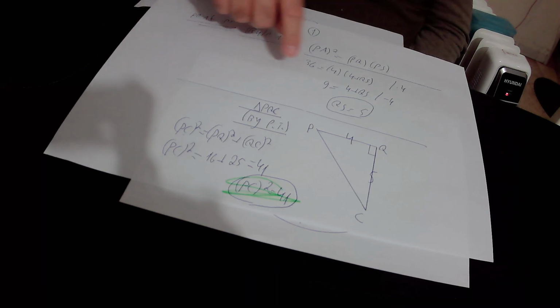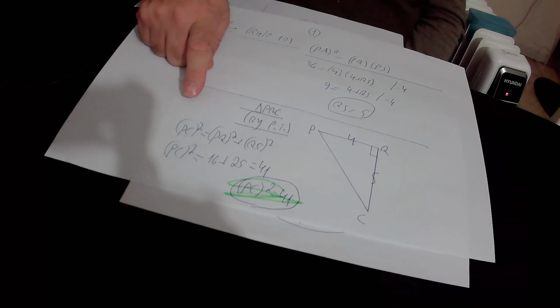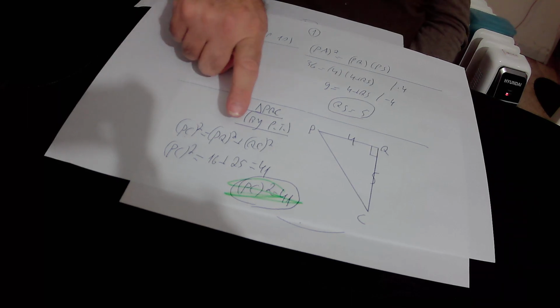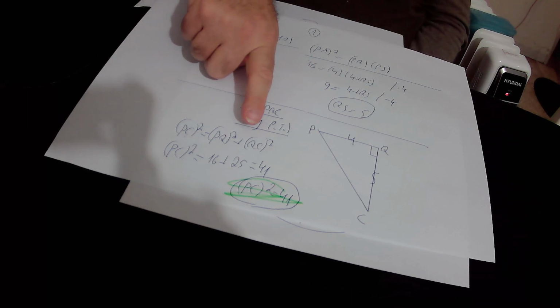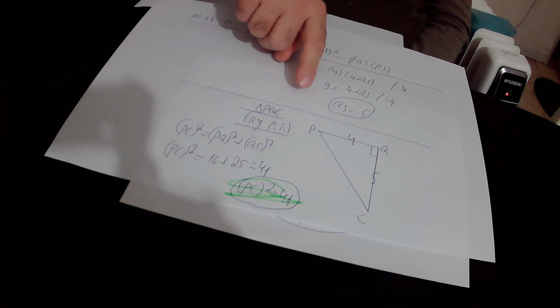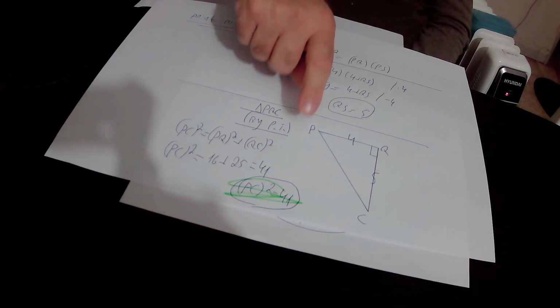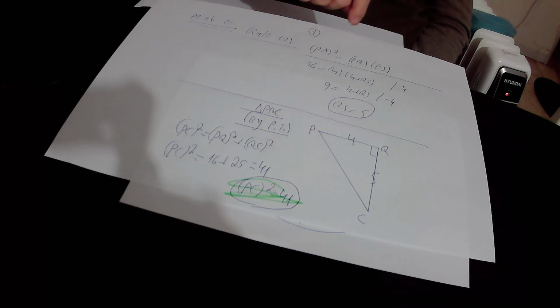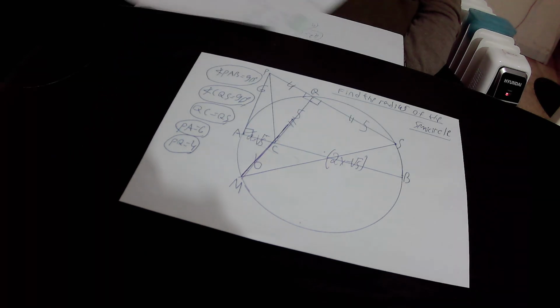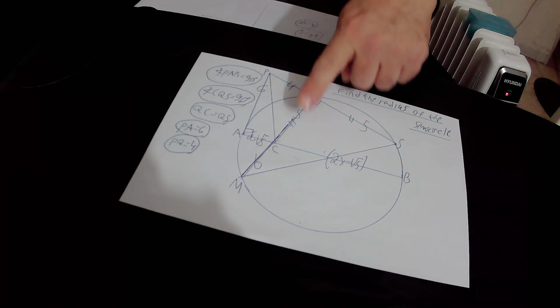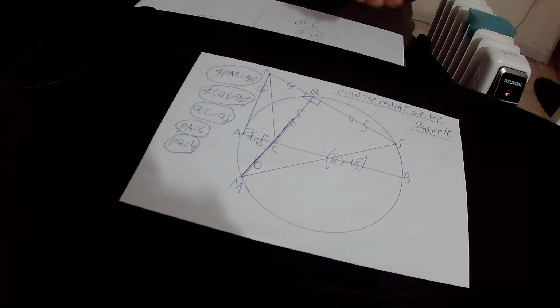So in total, PC squared, the square of the hypotenuse, equals 16 plus 25. 16 plus 25 is 41. So in conclusion, PC squared equals 41 units.